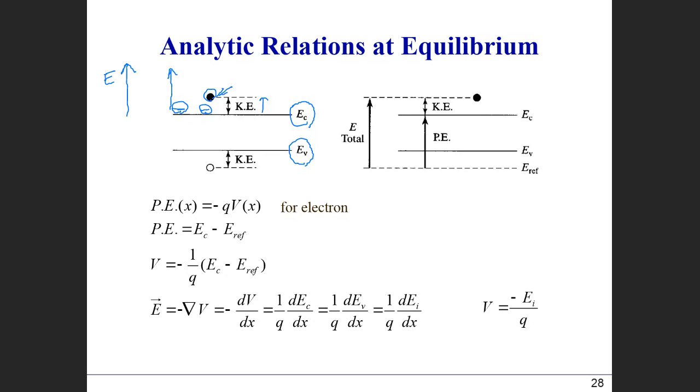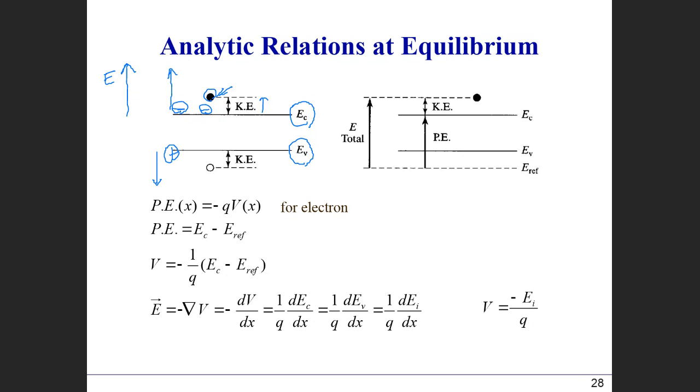Now, if you look at the concept for the hole, most of the holes remain at the top of the valence band edge. Once the hole gets energy, it moves in this direction.